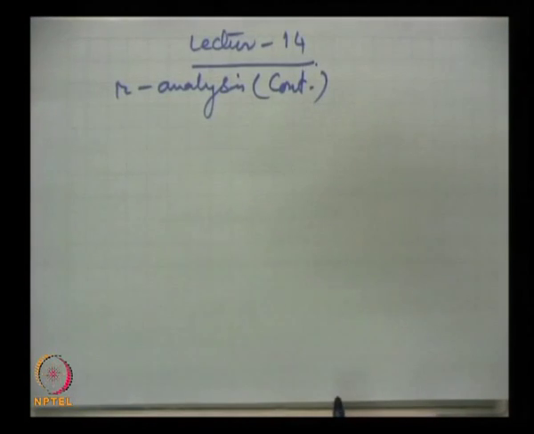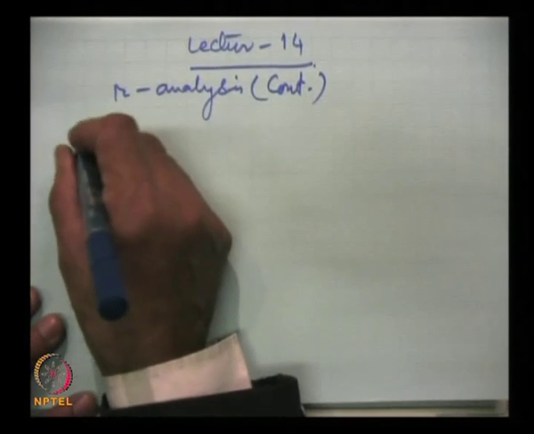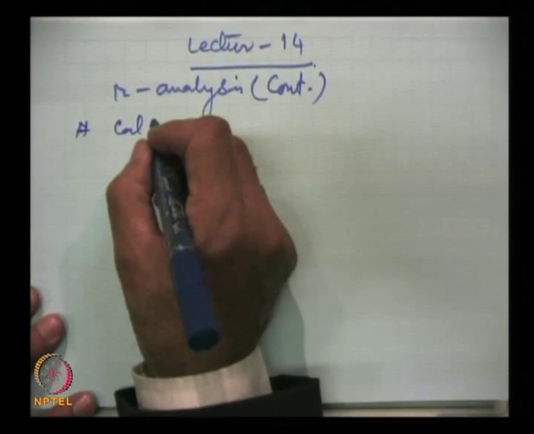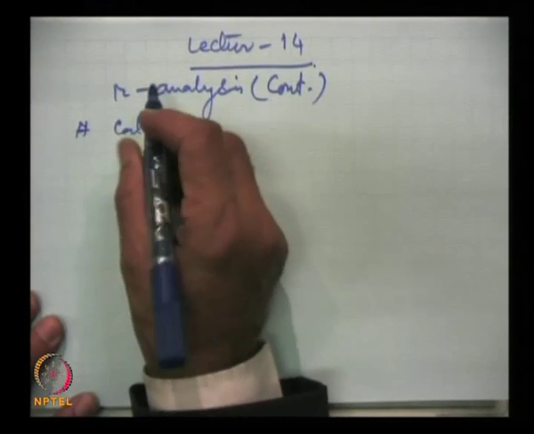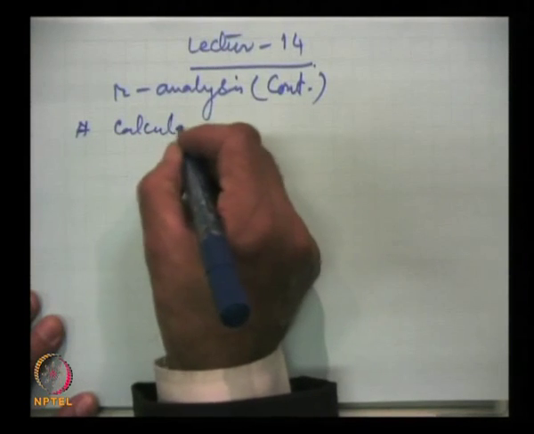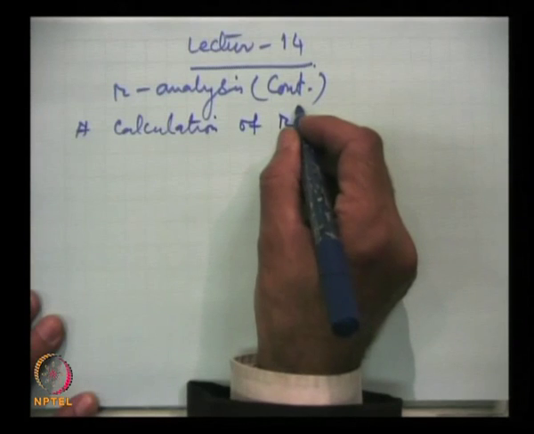Now, we take a few examples, just to remind how we can calculate the value of dynamic resistance. This is the calculation of R E prime.